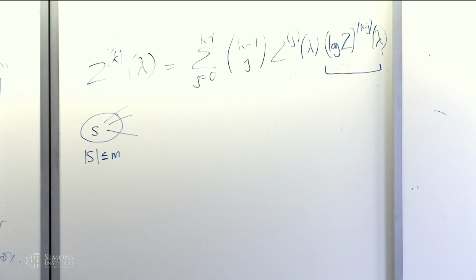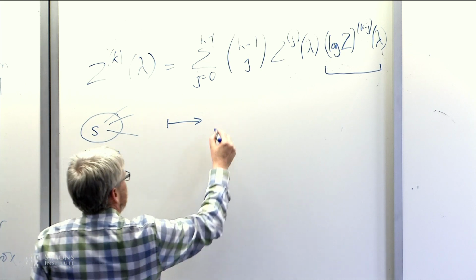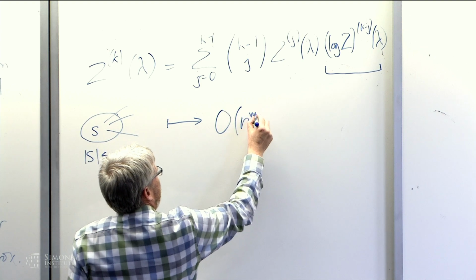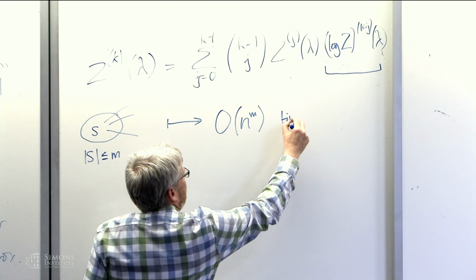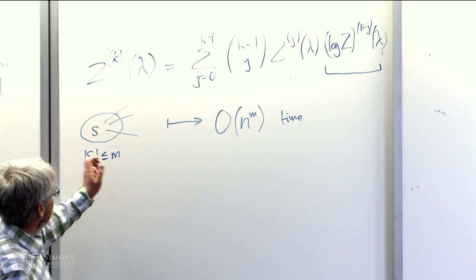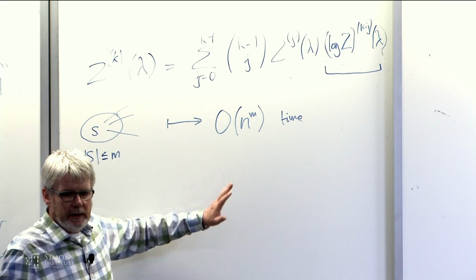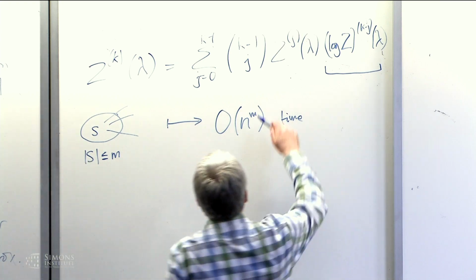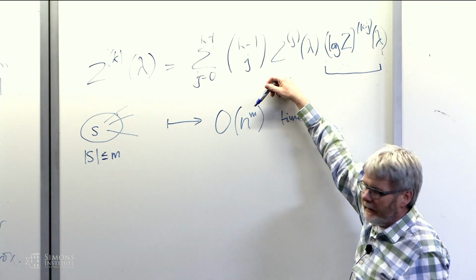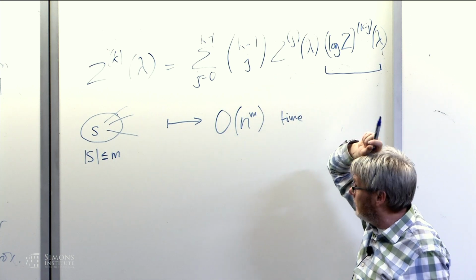Naively computing those coefficients will require order n to the m time, because by exhaustive enumeration there are n to the m of them, the number of subsets of size m from our vertex set. And m has to be about log n, so this is n to the log n, which is what we call quasi-polynomial.